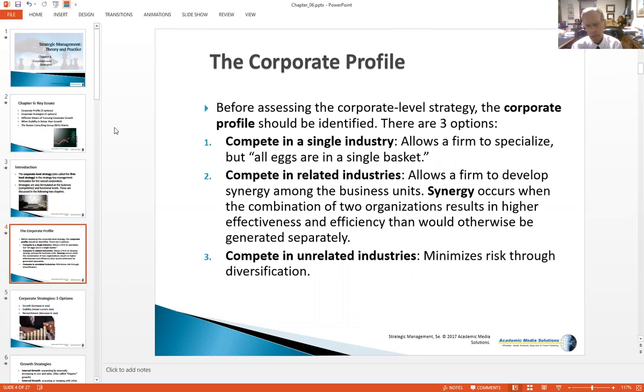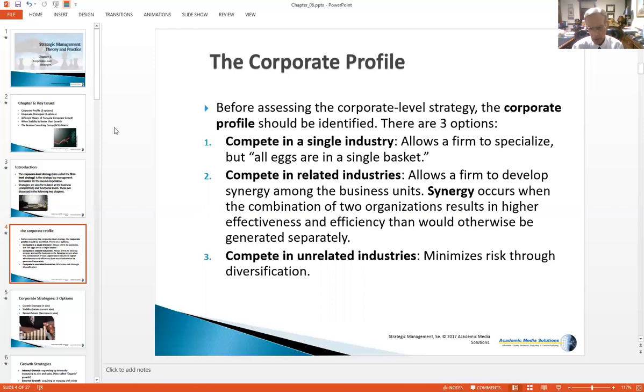And Parnell makes an interesting point, and that is that at the very broadest level, you can characterize corporate structures three ways. Management chooses to compete in just a single industry, or it can compete in multiple industries that have things in common.